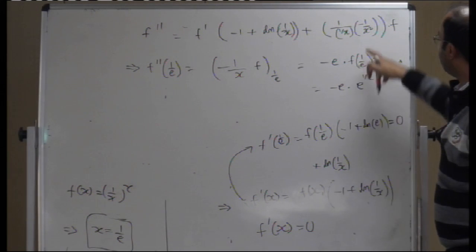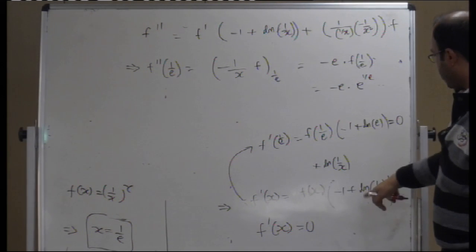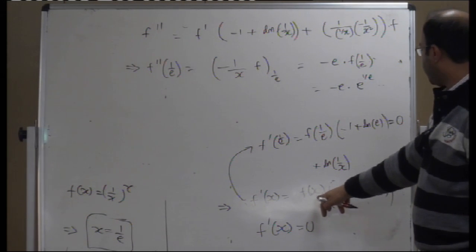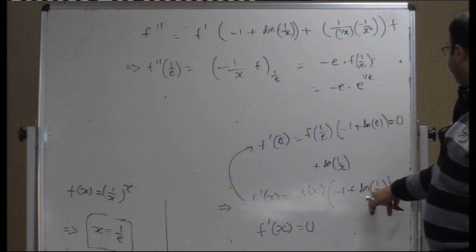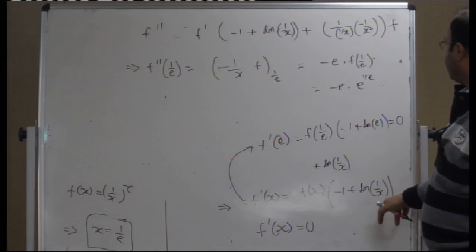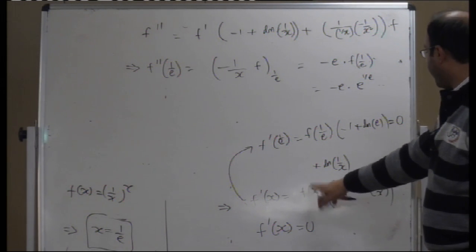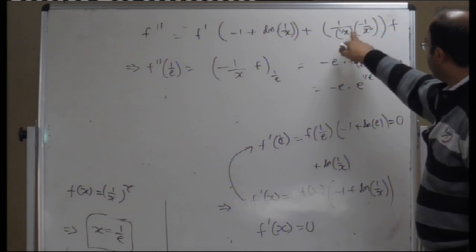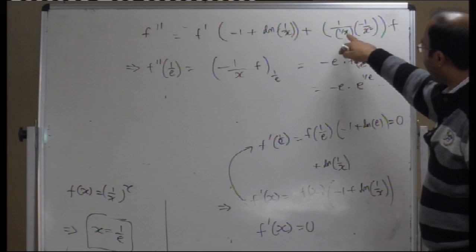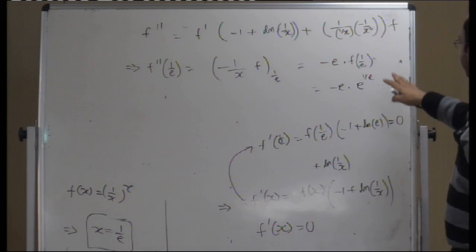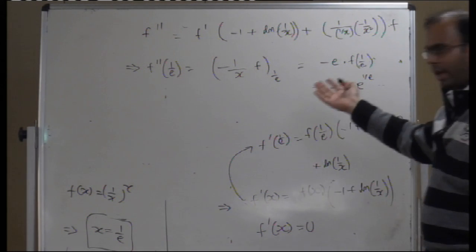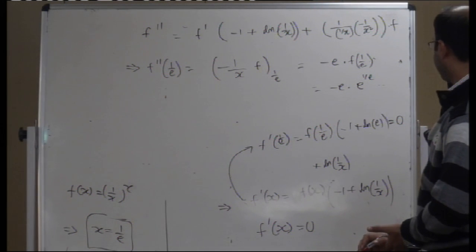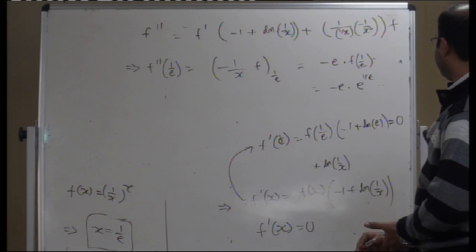When we differentiated it once again, we differentiated this part, 1 by x and minus 1 by x square, into the function f as it is. I think it is okay. F double dash of 1 by e is coming out to be minus e into e ki power 1 by e.